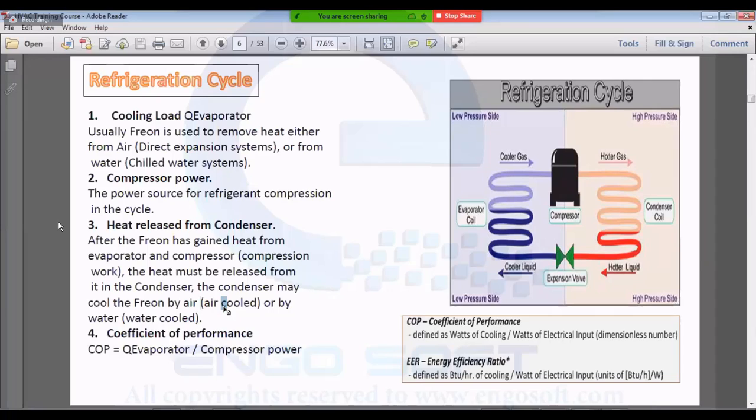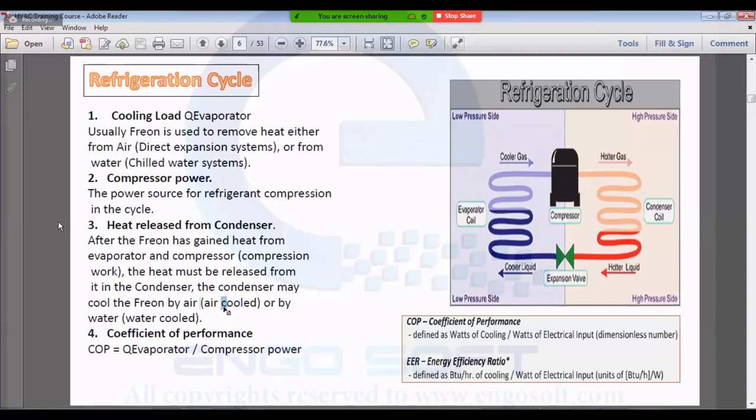Heat capacity means the amount of energy you need to raise the temperature of the water by 1 degree Celsius. This heat capacity is larger than that of air by 4 times. Oh, okay. So water is a better coolant than air.